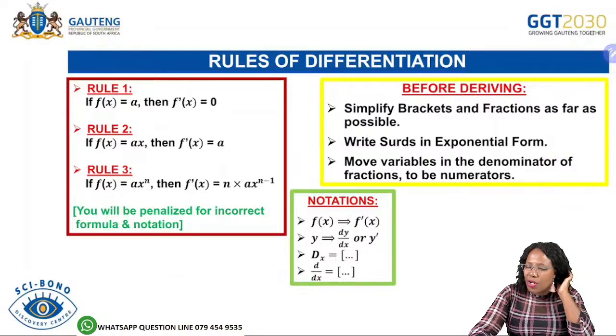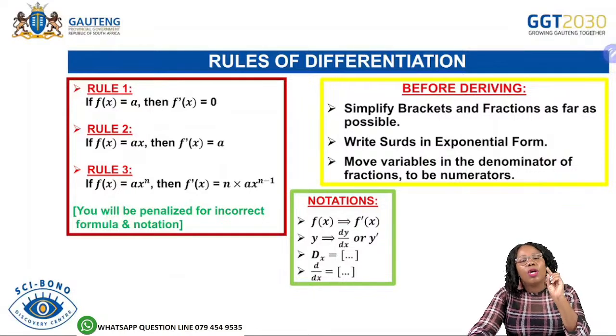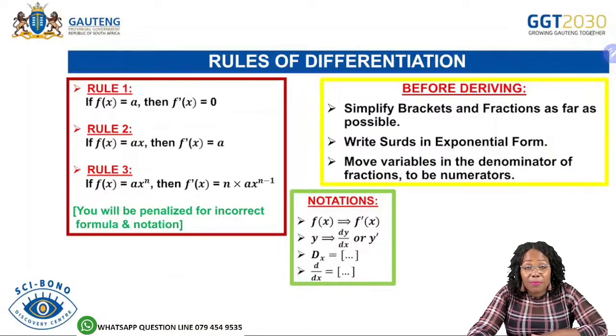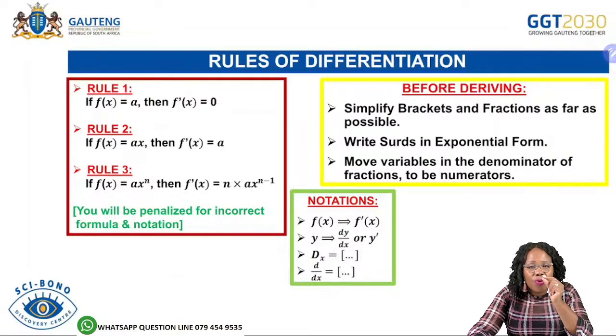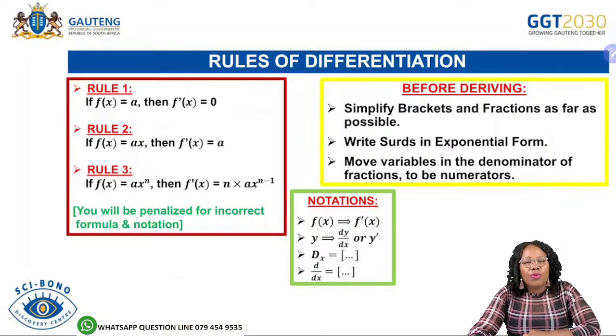But the minute the question says differentiate using the rules, you cannot use the first principle, grade 12. Vice versa, even if it says use first principle, you can't use rules to find the derivative. You are directed by the question whether it states use the first principle or use the rules. Okay, now let's see how we use the rules to differentiate.